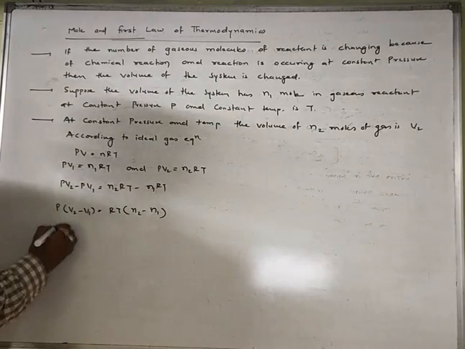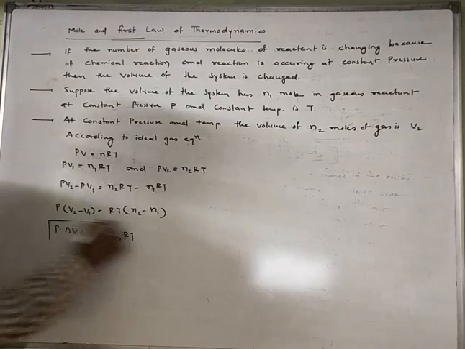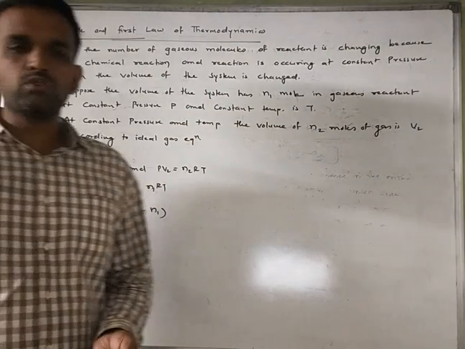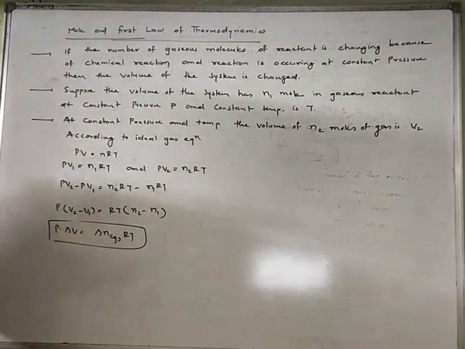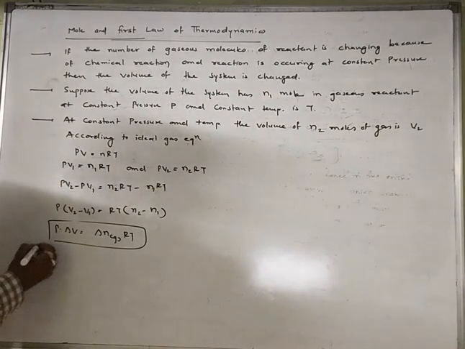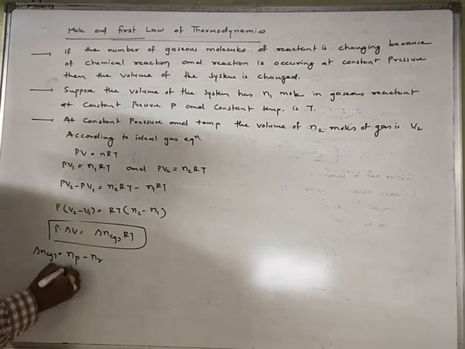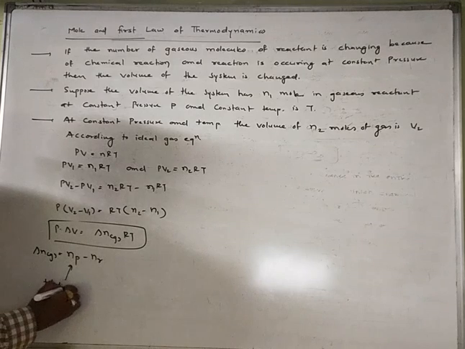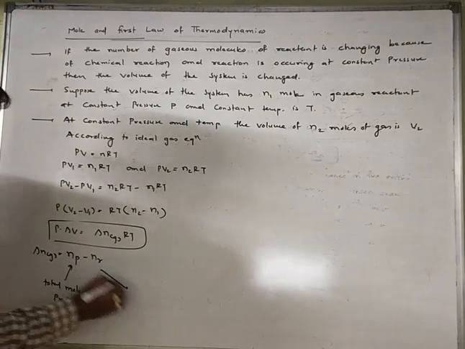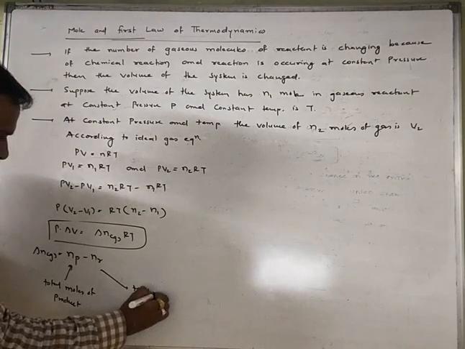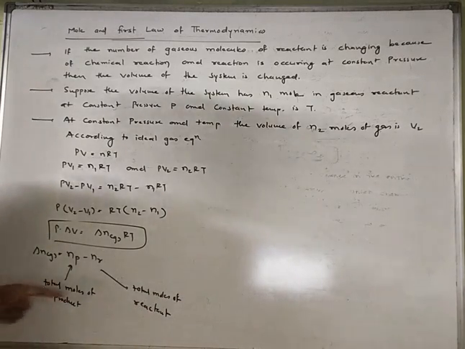So I can write here P into delta V equals delta Ng into RT. Now what is delta Ng? That shows the difference between the total number of moles of gaseous product and total number of moles of gaseous reactant. So delta Ng equals Np minus Nr, total moles of product minus total moles of reactant. Understand? So this is the delta Ng.